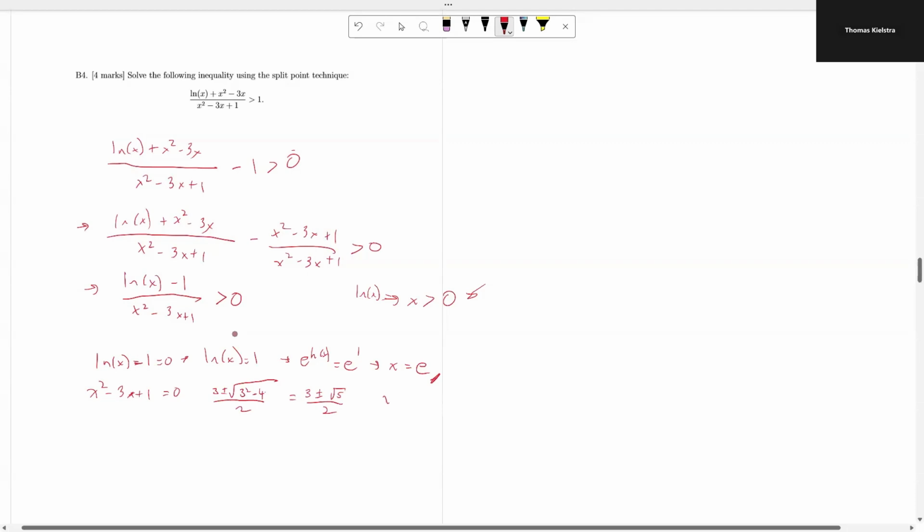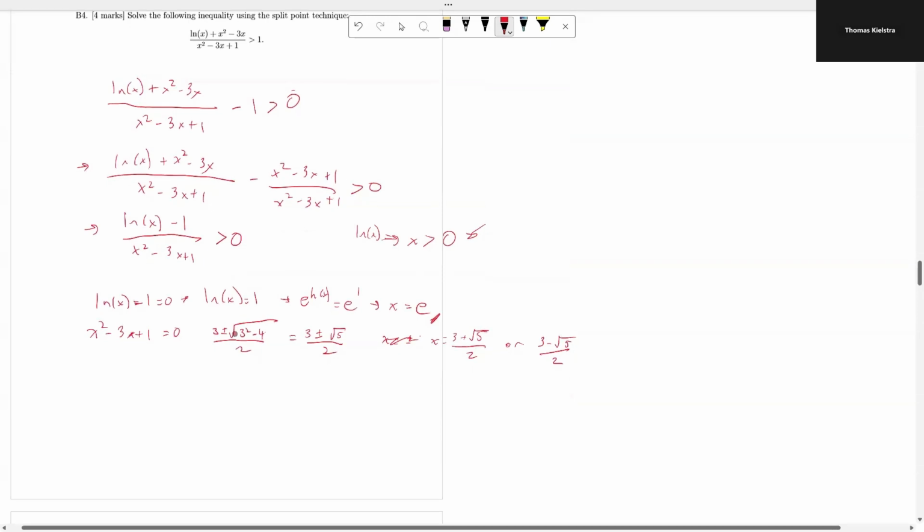So x equals 3 plus root 5 over 2 and 3 minus root 5 over 2. So I've got my 3 split points and I have to be greater than 0. And here 3 minus root 5 is less than 3, so root 5 is less than 3, so this is going to be positive.